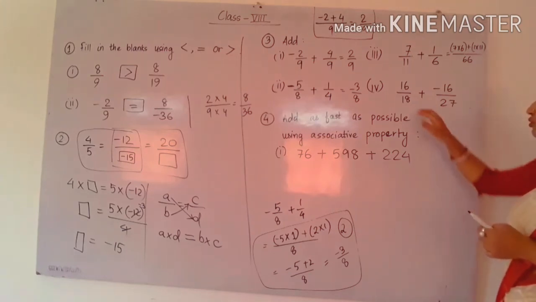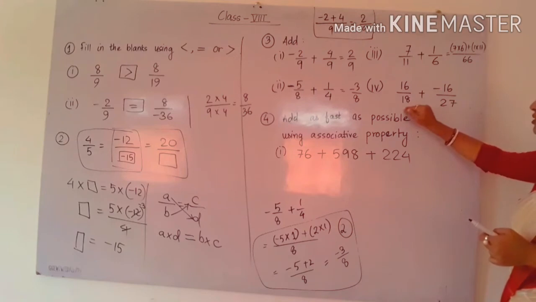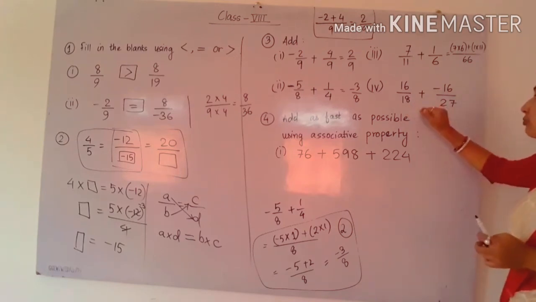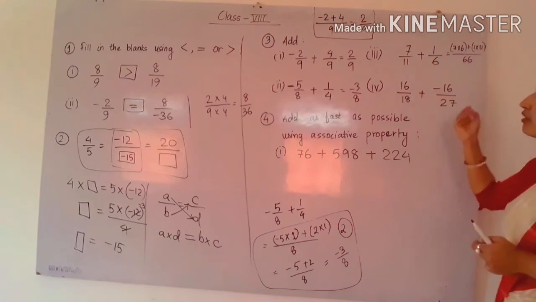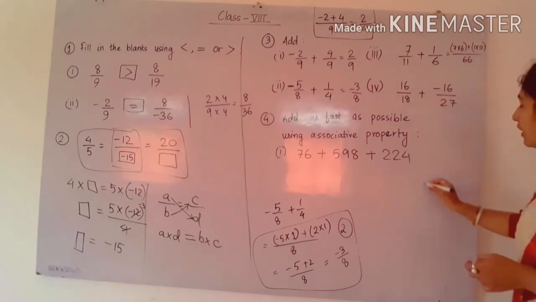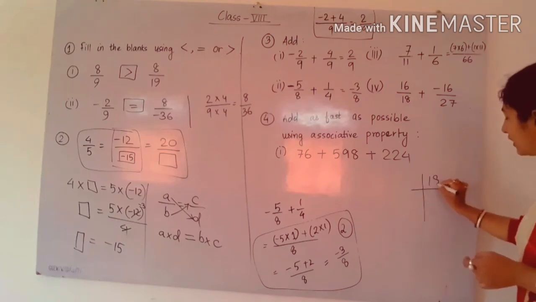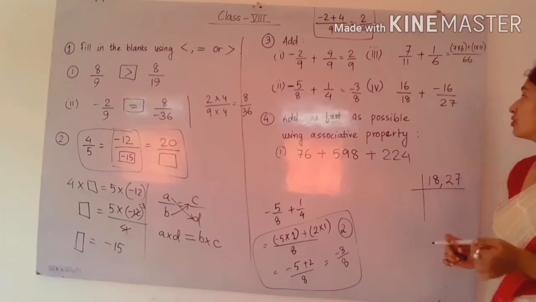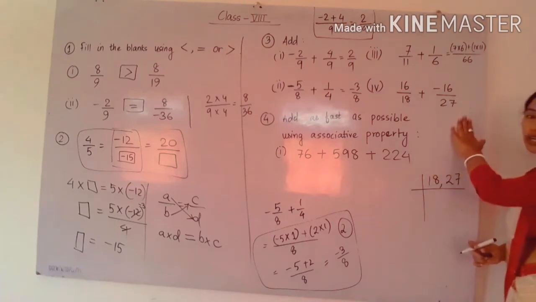So what we have to do here is simply use the prime factorization method for finding the LCM. By that process we can solve the question. So here you have to find the LCM of 18 and 27 by using the prime factorization method. Already you know it, so I am not doing this. Try to do it at home.